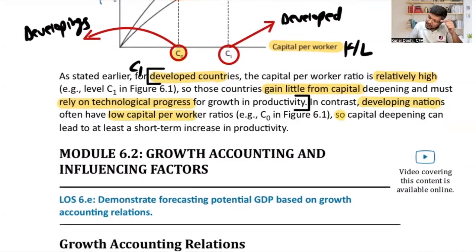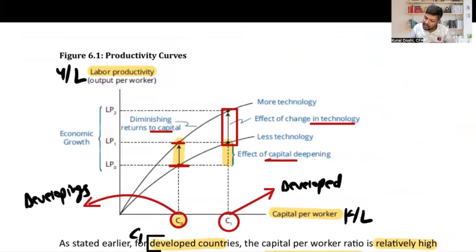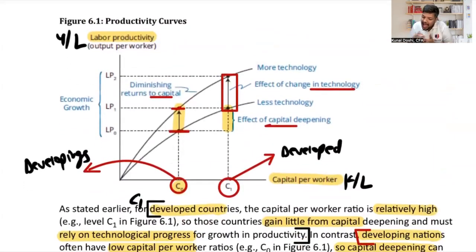So capital deepening can lead to at least short-term increase in productivity. So if you carefully notice, for developing economies, they still have very high return from capital deepening compared to the developed economies. Understood? So they have the scope of capital deepening, but the developed economies do not because they are already exhausted. Clear till this point? Everyone got it?